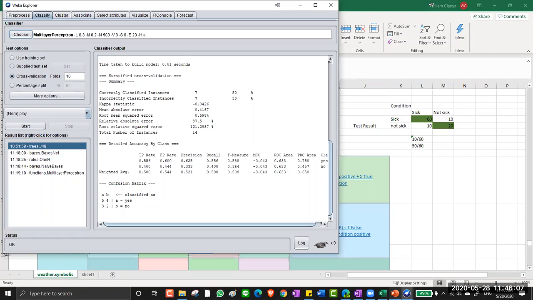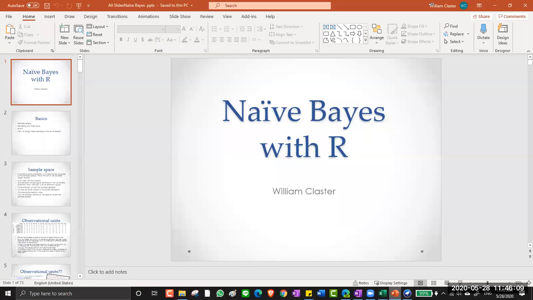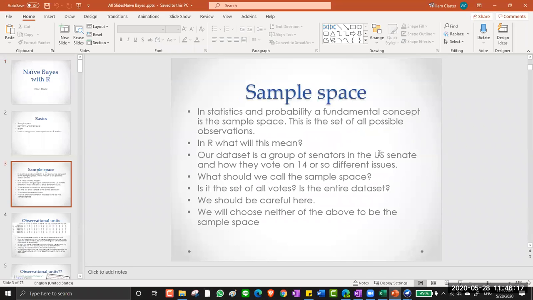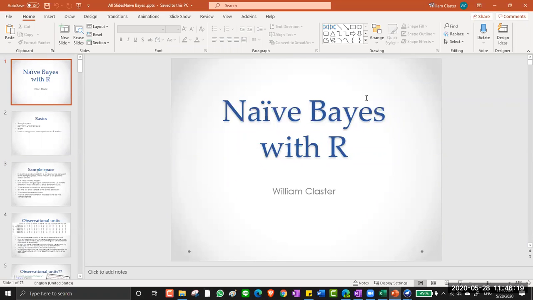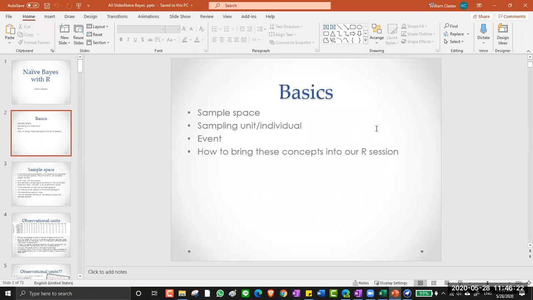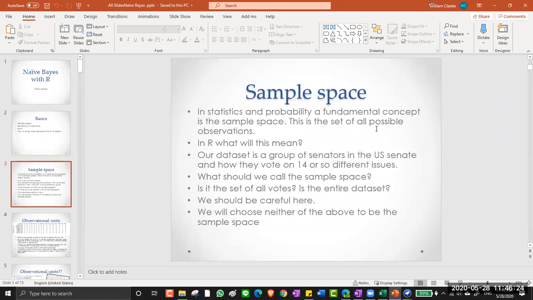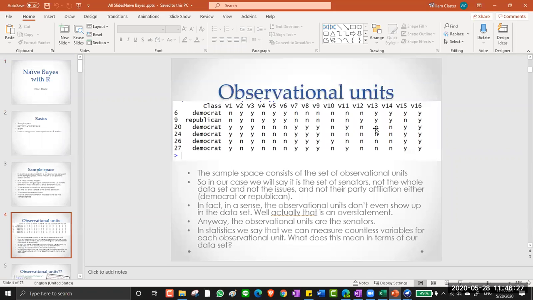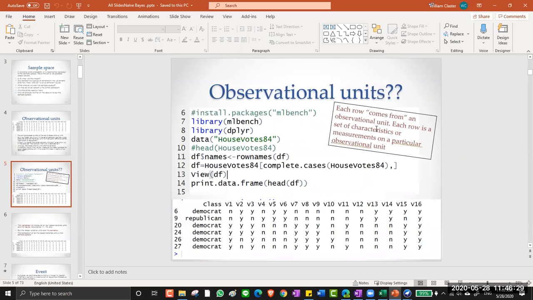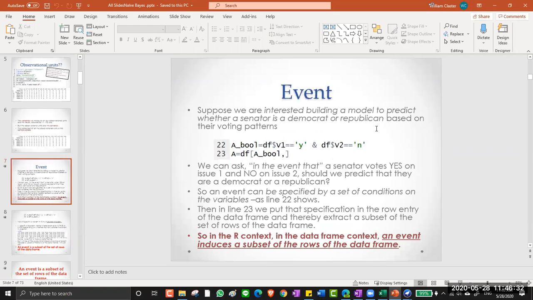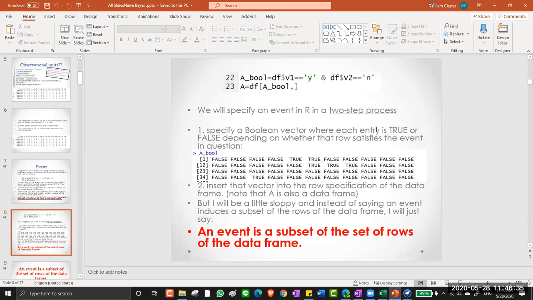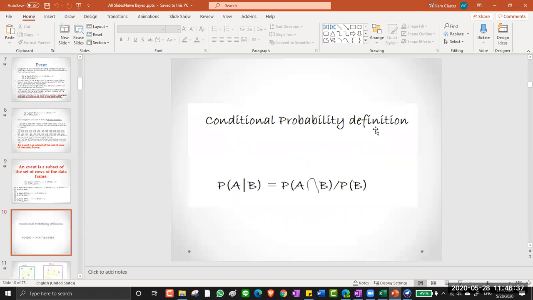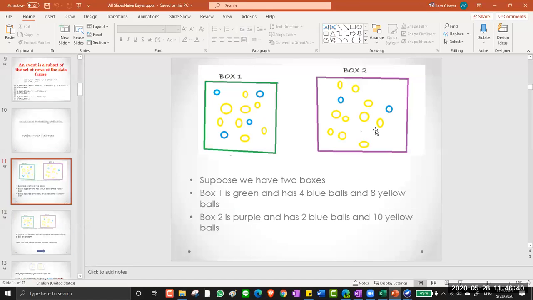Okay, let's go on to naive Bayes. Okay, so let's start now. In this, I provided you this PowerPoint, and I went through this stuff: sample space, and events, and conditional probability, and then we started from there.